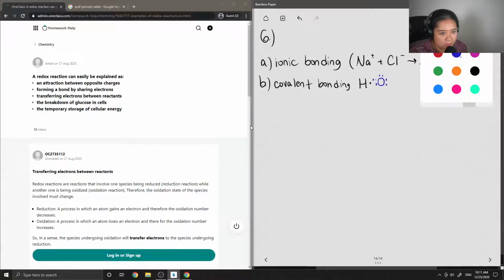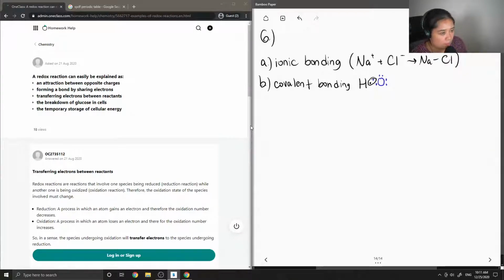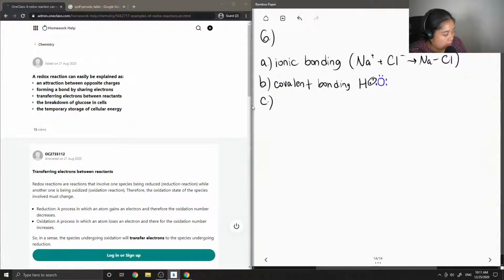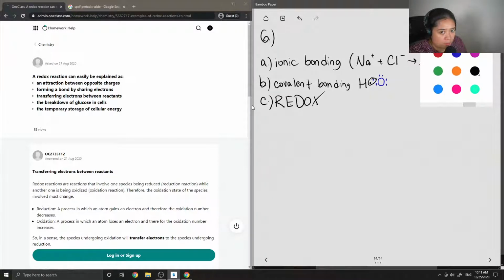And C, transferring electrons between reactants. So C is actually what a redox reaction is. Let me just circle it because that's our answer.